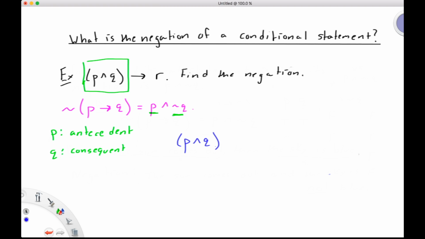That's the antecedent. That's the part that comes before the arrow. Now, when we negate our conditional, we have an and, right? So we've got P and Q, our antecedent, and the negation of our consequent, this not Q here. And so now we've got to look at our statement and identify what's functioning like Q in this case. Well, that's going to be R. It's the piece that comes after the arrow.